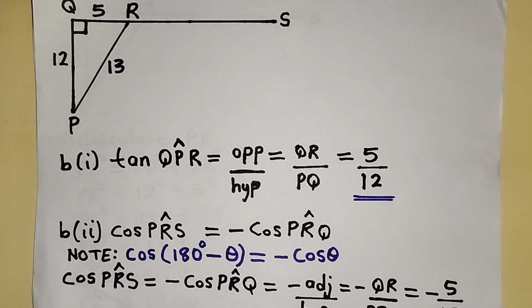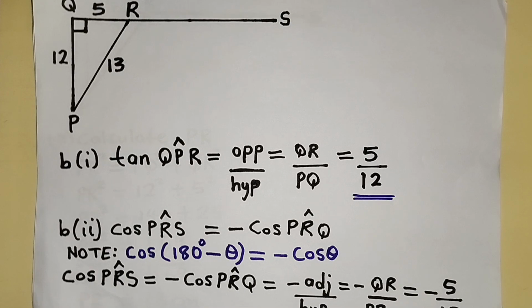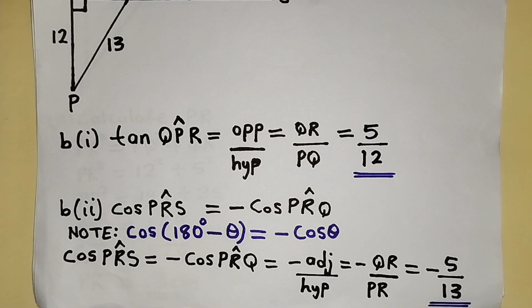Okay, so to say, cos PRS, which is my obtuse angle, is equal to minus cos PRQ, which is the acute angle. If you add the angle PRS and the angle PRQ, they add up to 180 degrees.